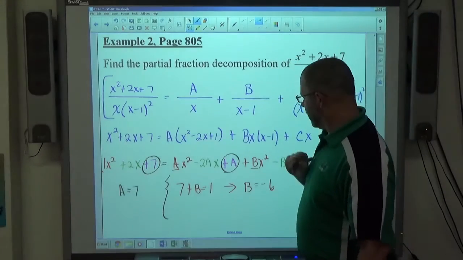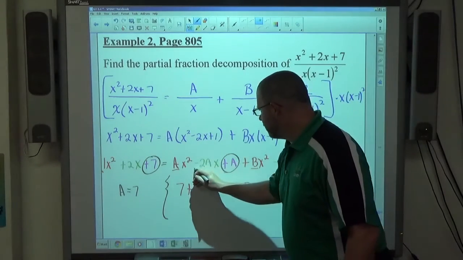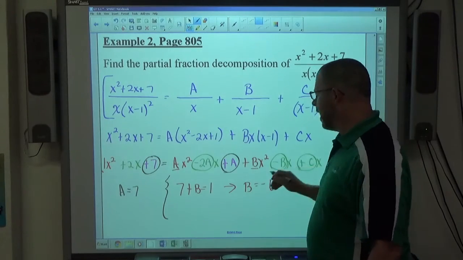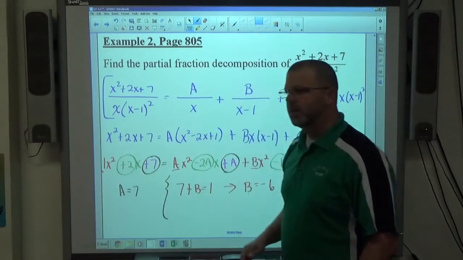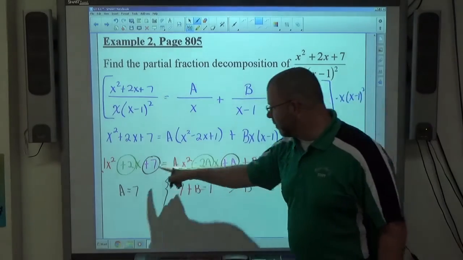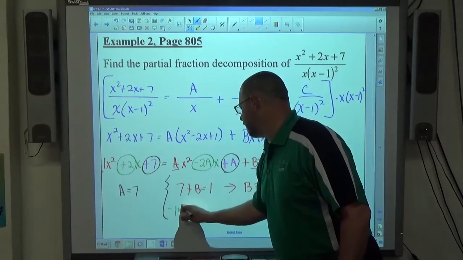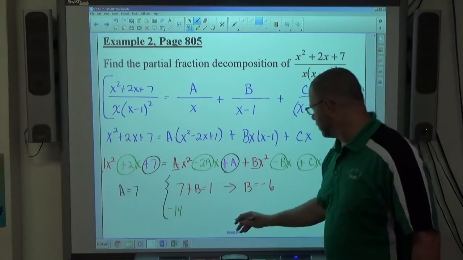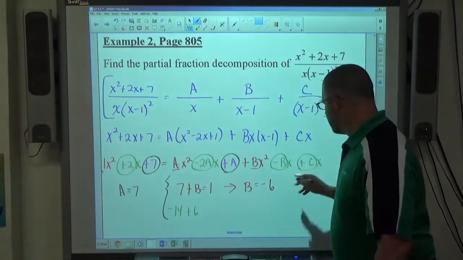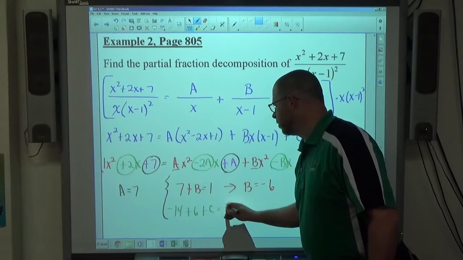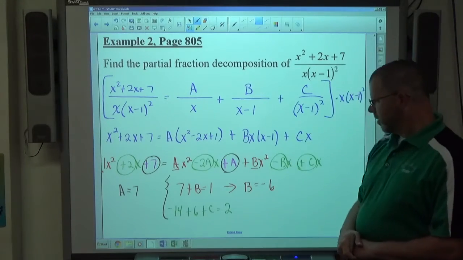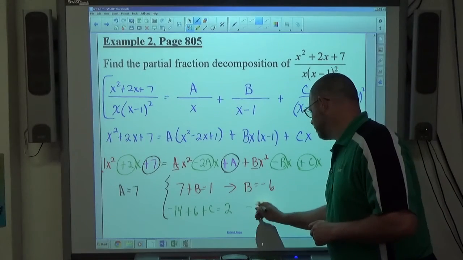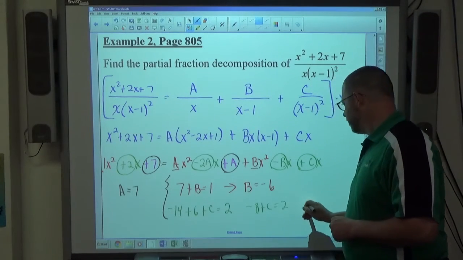I can also see that negative 2A minus B plus C has to equal positive 2. Well, minus 2A is just minus 2 times 7, that's minus 14. Minus B is going to be minus negative 6, which is plus 6. Plus C has to equal 2. And that leads me to negative 8 plus C is equal to 2, which means that C must equal 10.